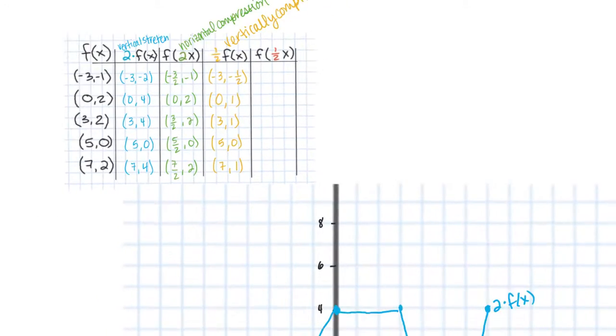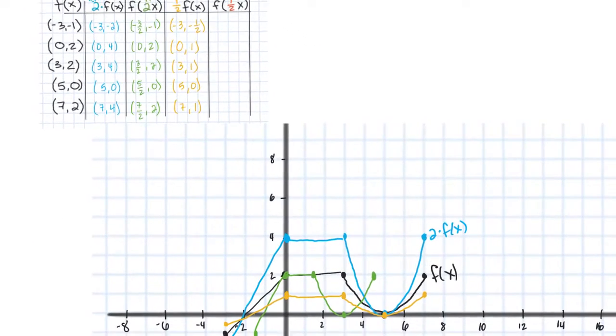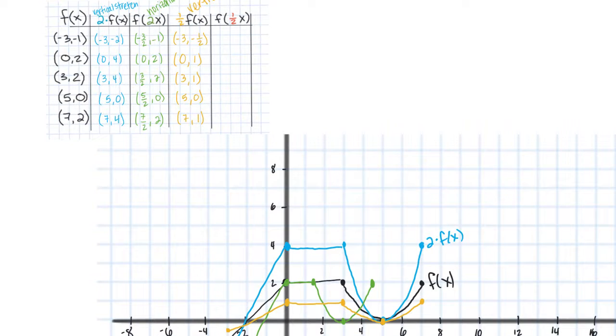Now let's focus on our last transformation, which we'll do in red. Here we're multiplying the inside of the function by 1/2. That means that we are going to multiply the x-coordinate by the reciprocal of 1/2.